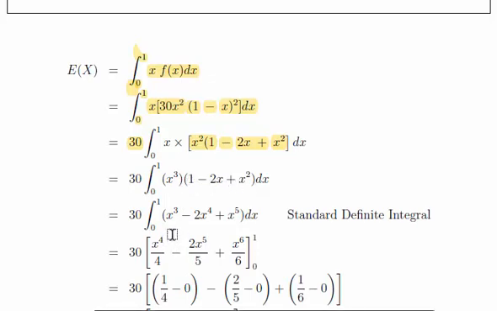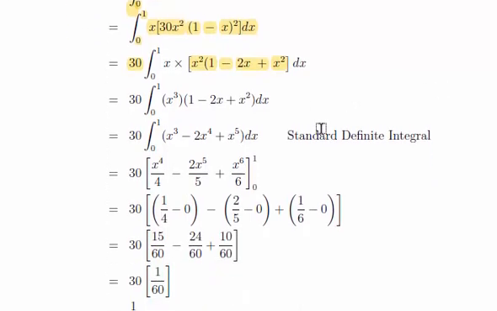So that's a standard definite integral: the integral of x cubed minus 2x to the power 4 plus x to the power 5 dx. It's a straightforward definite integral. The integral of x cubed is x to the power of 4 over 4, minus 2 times x to the power 5 over 5, watching the signs of course, and finally the integral of x to the power 5 is x to the power 6 over 6.